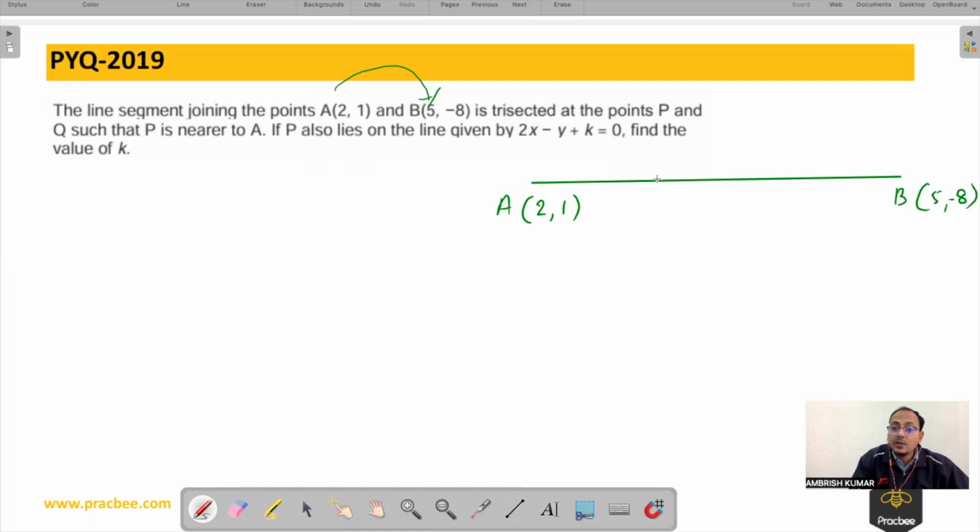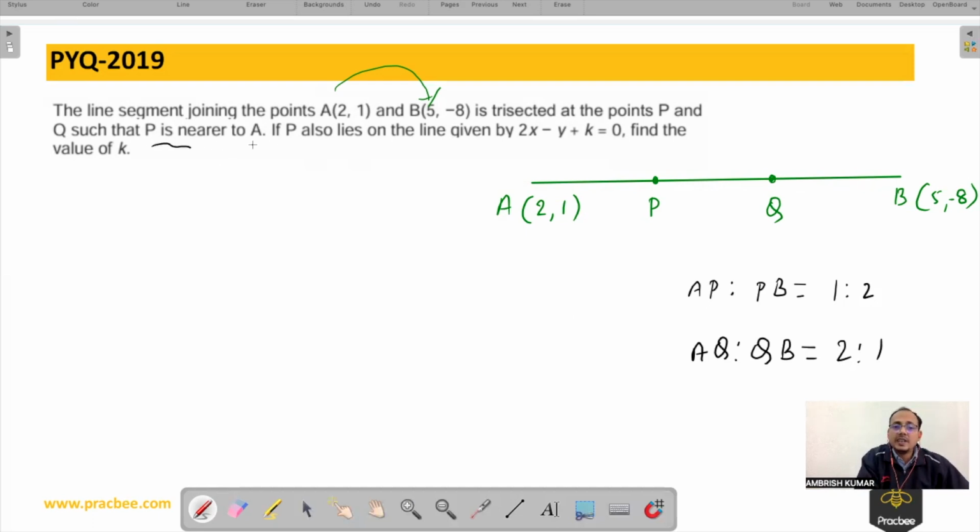And then we are going to have 2 points of trisection, P and Q. Now the ratio for P, means AP to PB, that's going to be 1 ratio 2. Bisection means to divide into 2 equal parts. Trisection means to divide into 3 equal parts. So for trisection, this is the ratio that we have. And AQ ratio QB is going to be 2 ratio 1, right?